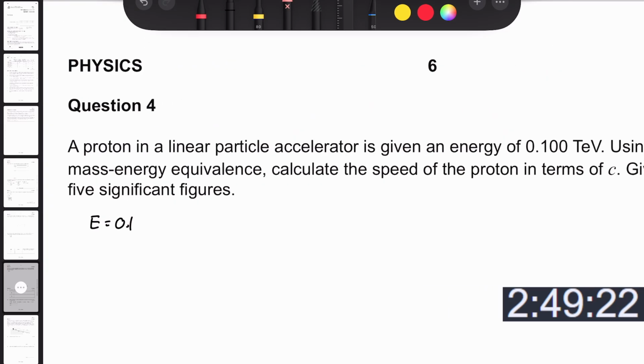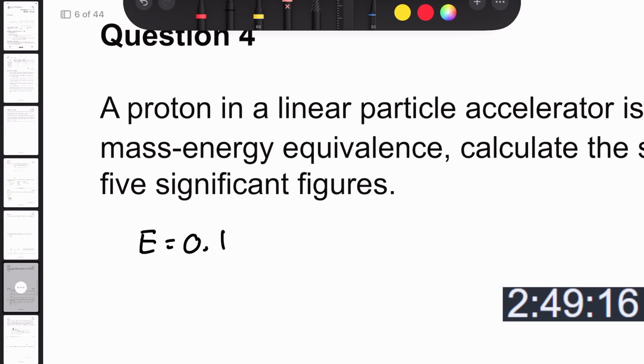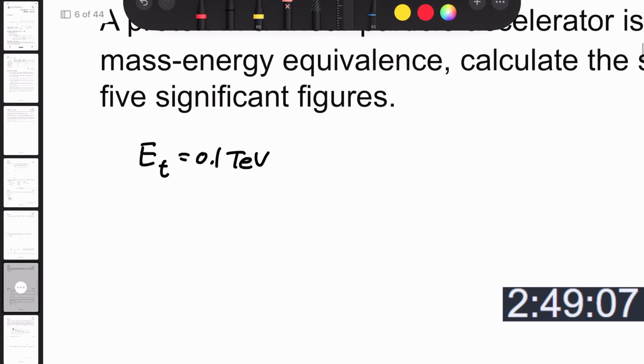Given an energy, so this is E total. So E total, teraelectronvolts, which is equal to times 1.6 times 10 to the negative 19.